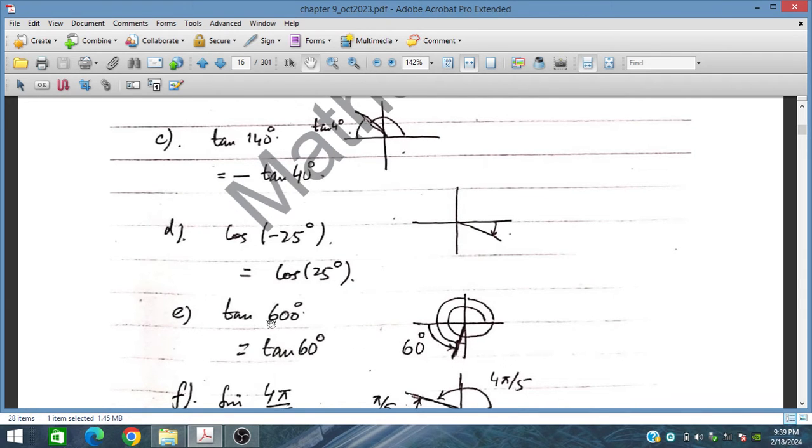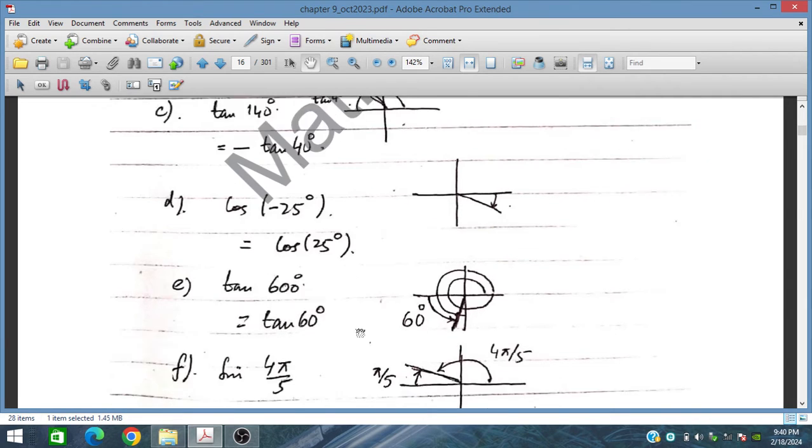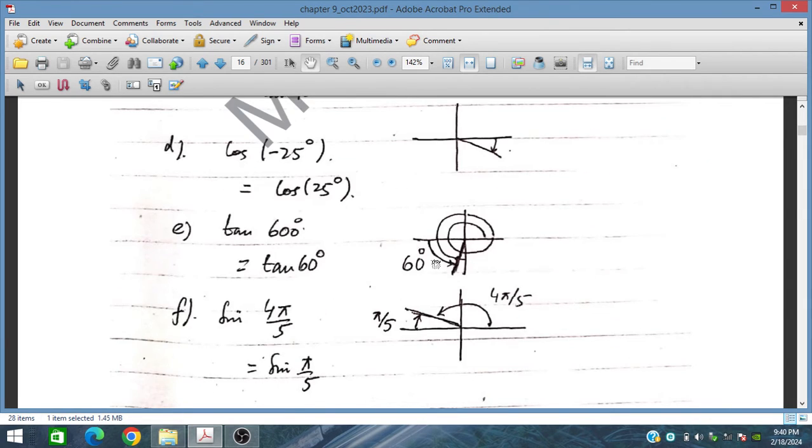So tangent 600 degrees is equal to tangent 60 degrees. From here, this is 540, and after 60 degrees, it becomes 600. So this is an acute angle which lies in the third quadrant. That's why tangent 600 degrees is equal to positive tangent 60 degrees, because it lies in the third quadrant where the tangent is positive.